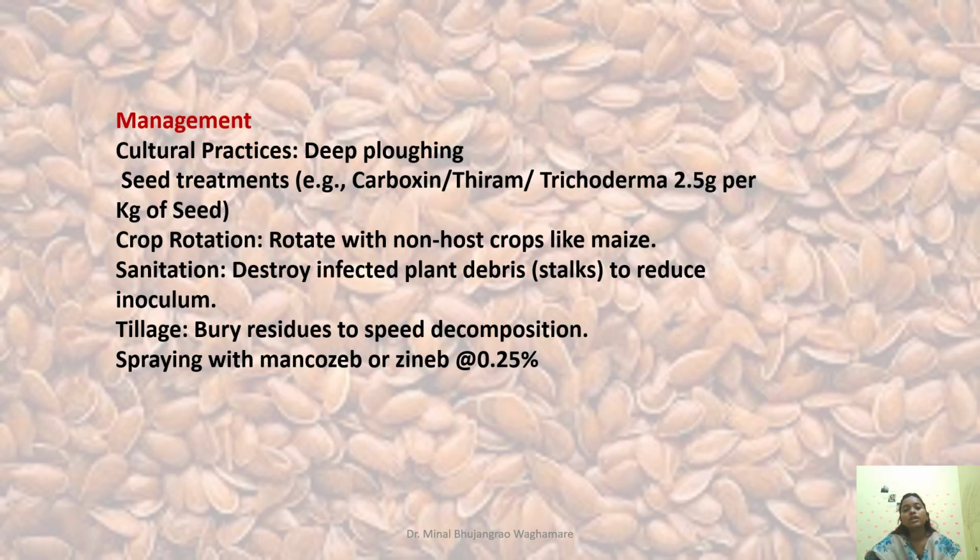Coming to the management, deep summer plowing is suggested as a cultural practice. Carboxin, thiram and Trichoderma are among the seed treatments, used at 2.5 gram per kg of seed. Crop rotation is suggested with a non-host crop like maize to break the continuous availability of the host crop to the pathogen, which leads to the breakdown of the disease cycle of the pathogen.